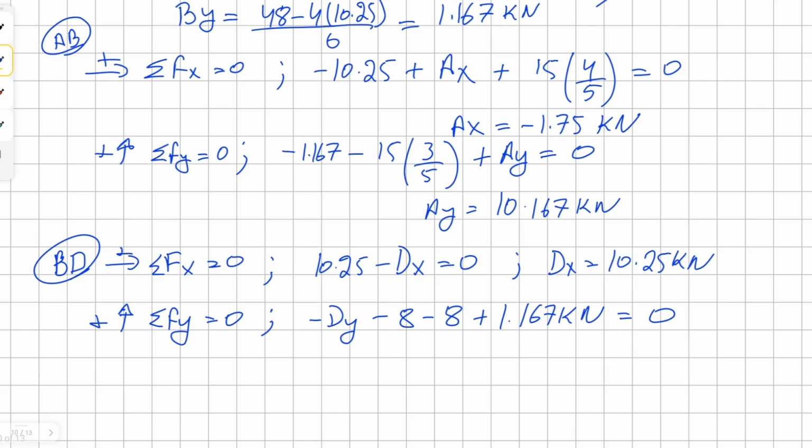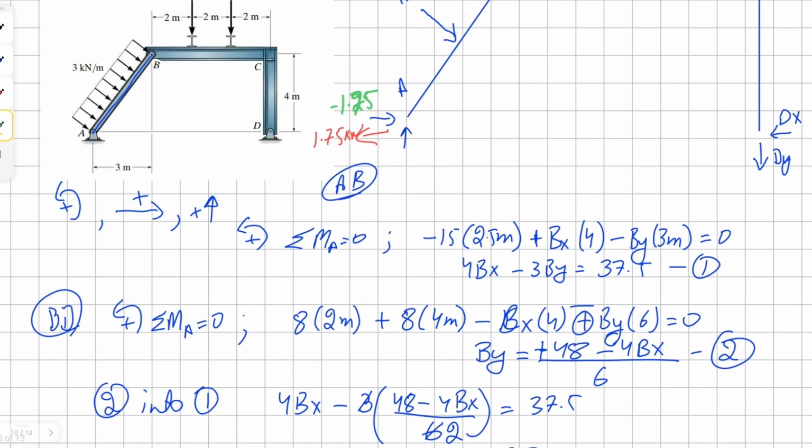Solving for this, we get value of Dy as negative 14.8 kilonewton. We can either have it as negative 14.8 kilonewton, or we could change our vector in upward direction and have it as positive 14.8, and the answer is correct either way.